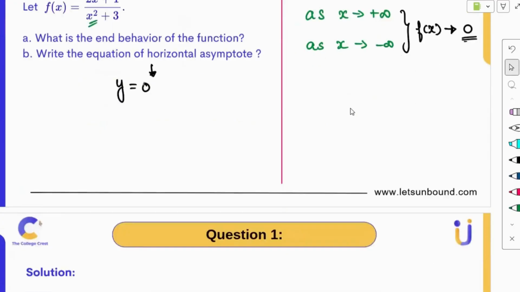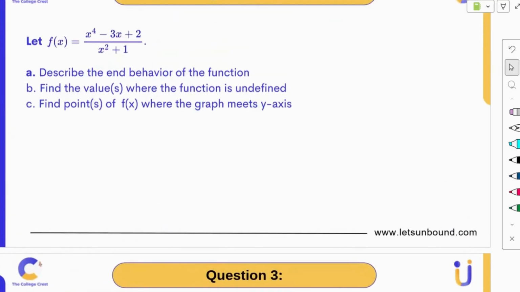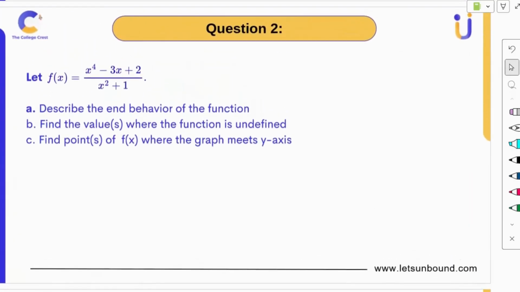Question 1 is over. Now, question number 2. Let f of x be x power 4 minus 3x plus 2 divided by x squared plus 1. Describe the end behavior of the function. This time I got degree of numerator being 4 and degree of denominator being 2, greater.